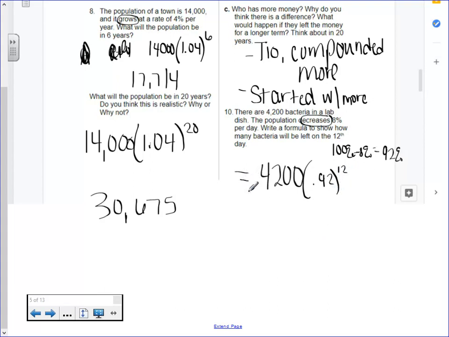Obviously, this is a decay function, so if you're getting something bigger than what you started with, you did something wrong. So 4,200 times 0.92 raised to the 12th power. And that would be how many bacteria are left.